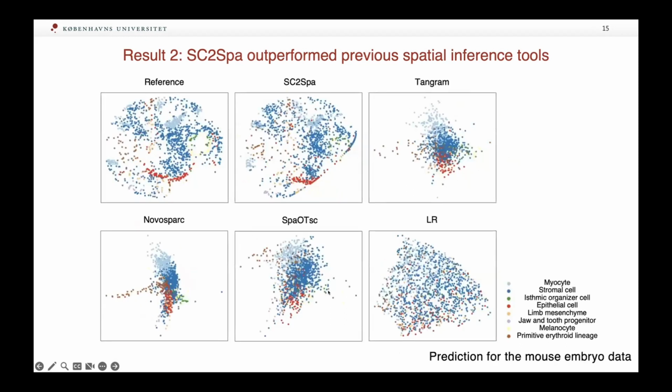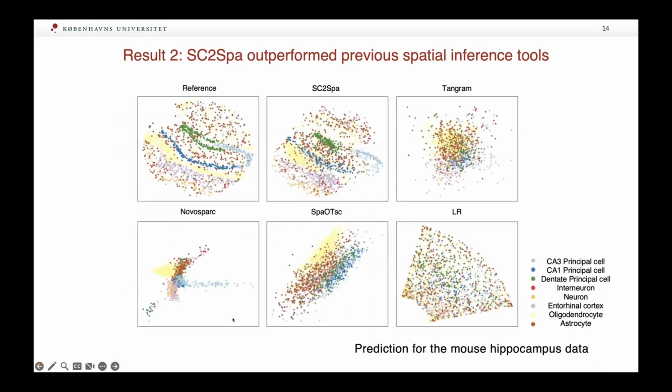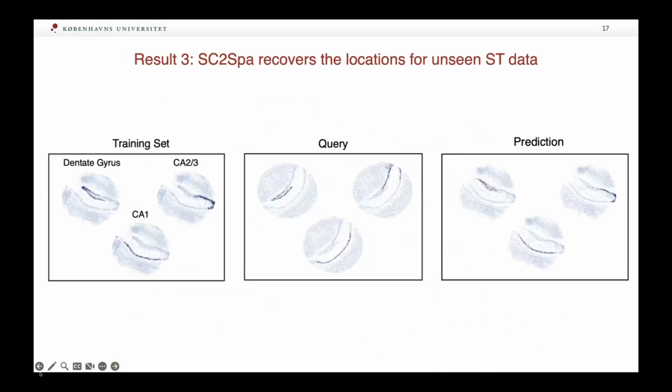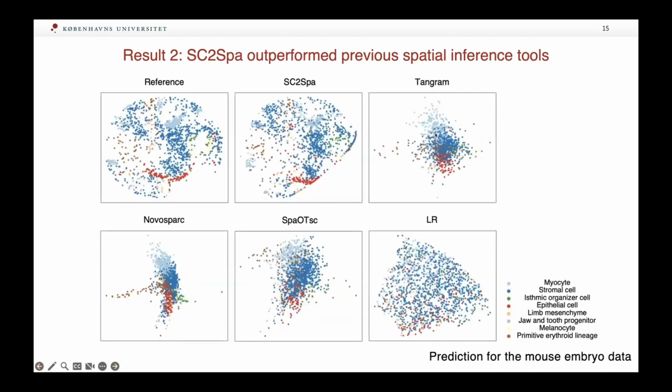This is for the Stereo-seq V2 mouse hippocampus data, and we also benchmarked mouse embryo data from Stereo-seq V2. So the first is the true location of ST voxels, and the second one is the prediction of SZ-SPA. Other tools just couldn't recover the exact locations of the voxels, while SZ-SPA recovered the locations very well.